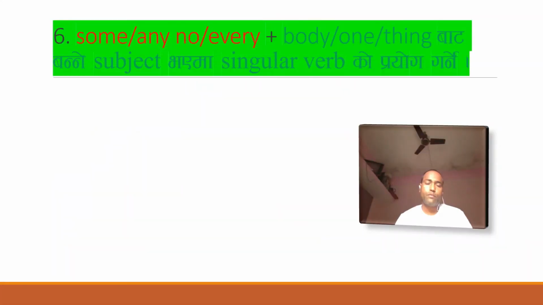Okay. Now let us see another rule. Some, any, no, every plus body, one, thing. If you have somebody, someone, anyone, like somebody, anybody, nobody, if you have such cases, then we should be very careful about it. Why?